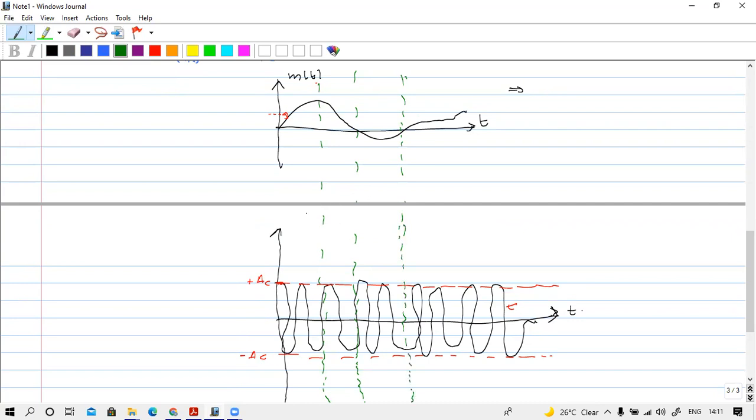Say like this. So this is the carrier signal. We know that in amplitude modulation, we are changing this carrier amplitude according to this signal amplitude, the information signal amplitude.